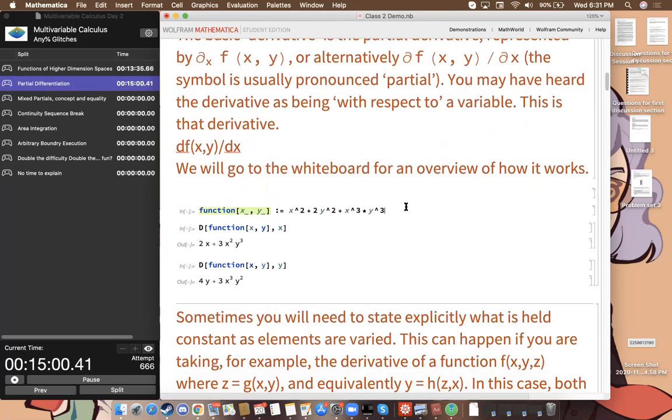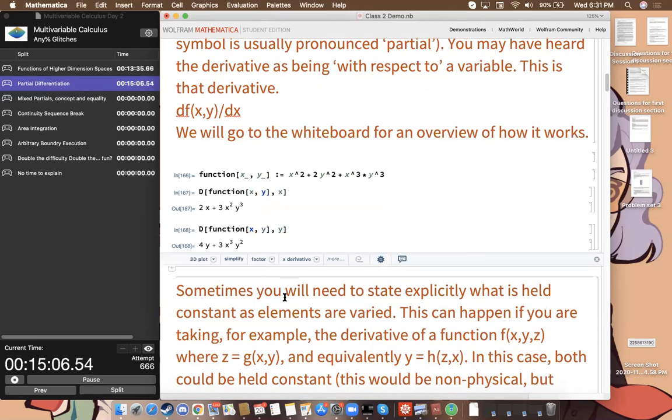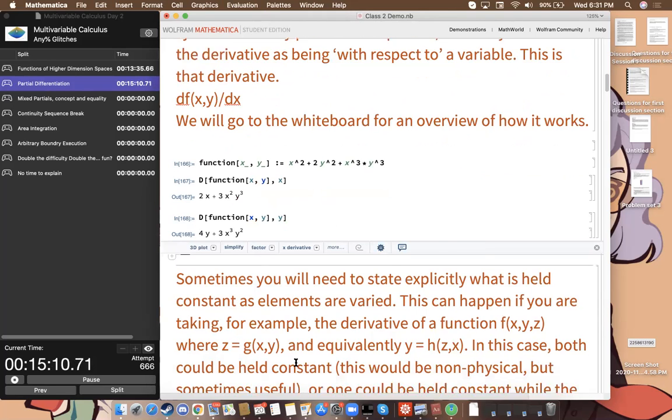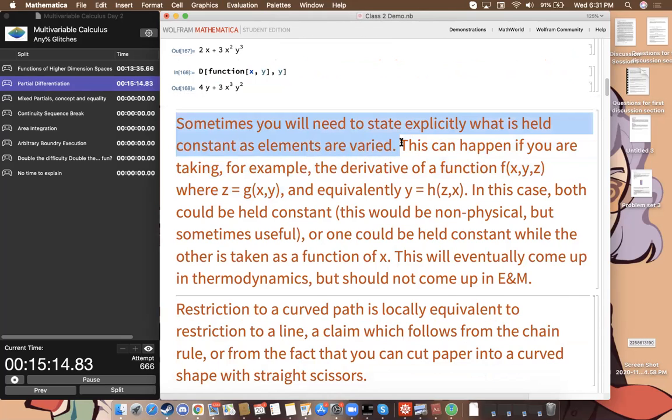And so here you can see basically the same example I gave, where if you take a derivative with respect to other things. Also, sometimes you will need to state explicitly what variable is held constant in a partial derivative. This can happen if you're taking a derivative of f of x, y, and z, where z is a function of x and y, and equivalently y is a function of x and z.